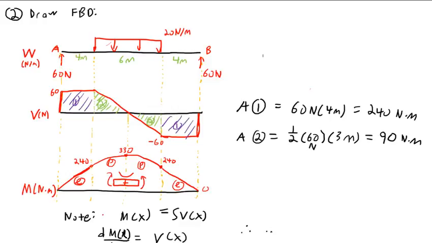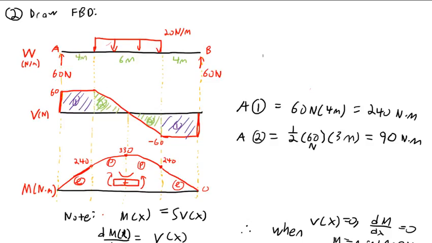Therefore, when V of x equals 0, dM/dx is 0, or therefore M equals min/max. All right, there you have it.